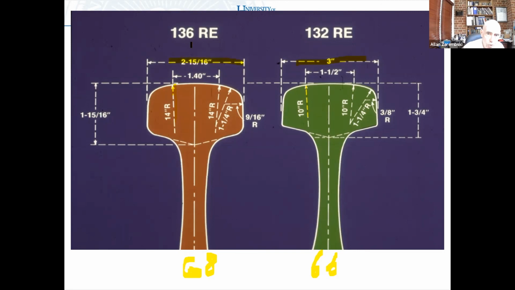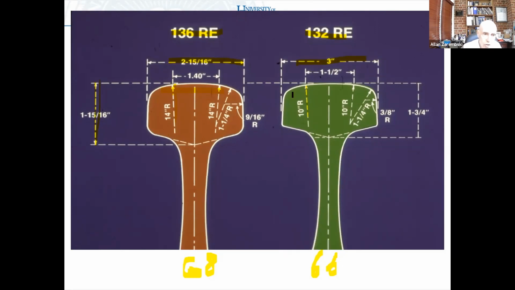When these rails were originally designed, the 132 was actually designed for curves and 136 was designed for straight track. So the 136 had a deeper head and a somewhat slightly narrower width of the head because this was for straight track or tangent, where most of the wear is on the top of the railhead. And the 132 rail has a wider railhead and a not quite as deep depth of head. And this was more designed for curved rail.